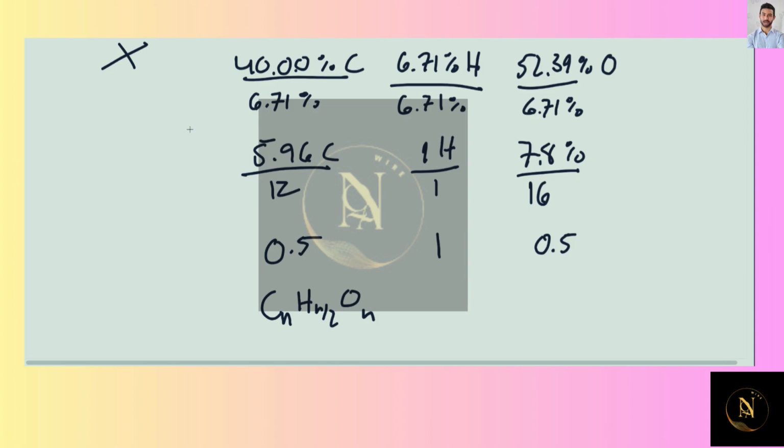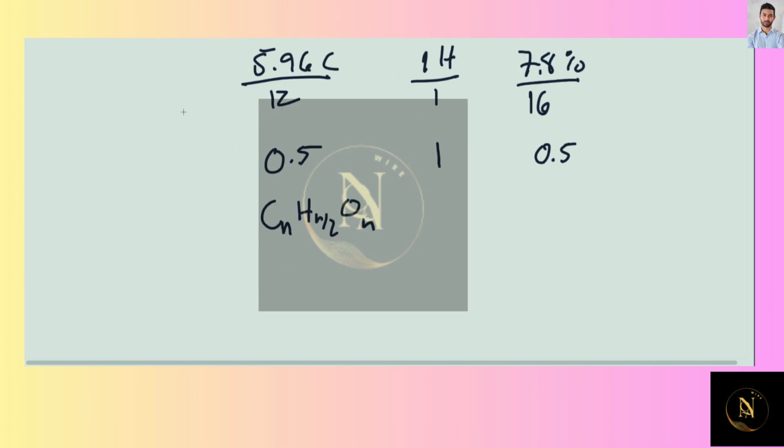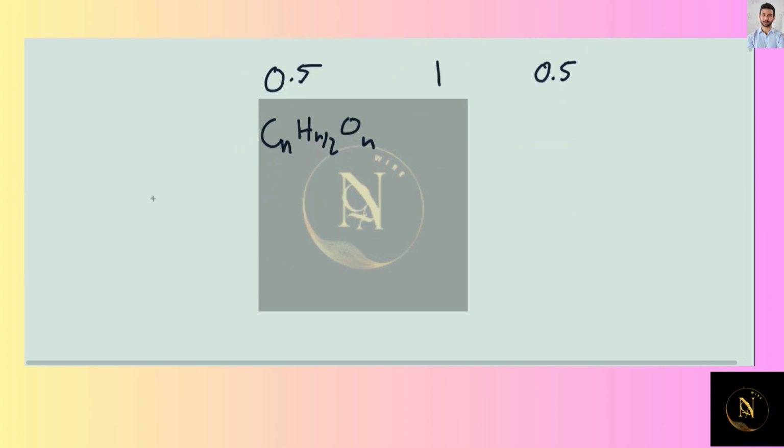Okay. Next, we're told that the molecular weight is 90. All right. So, what does each of these mass units weigh up to? Like, if n equals 1, what does everything weigh? If n equals 1, it's going to be 12 plus 1 plus 16, and that's going to equal what? 29, right?